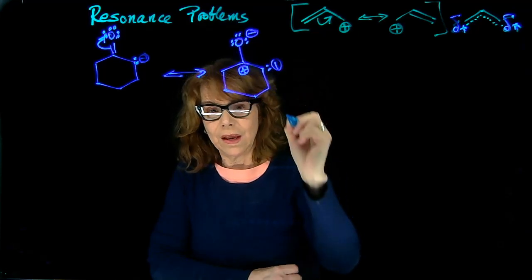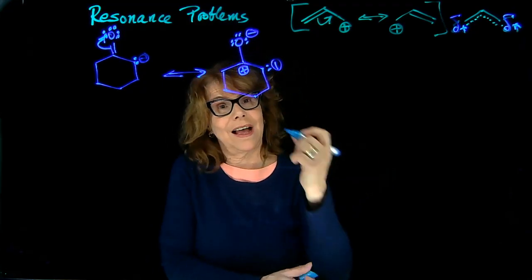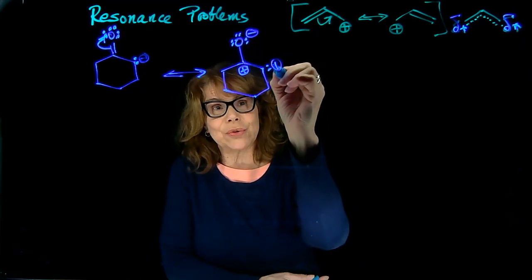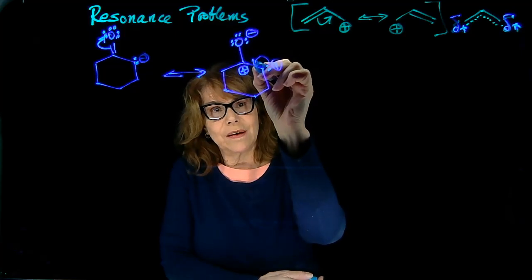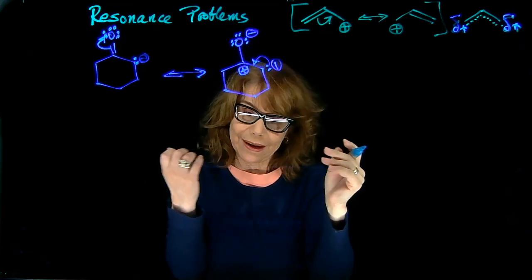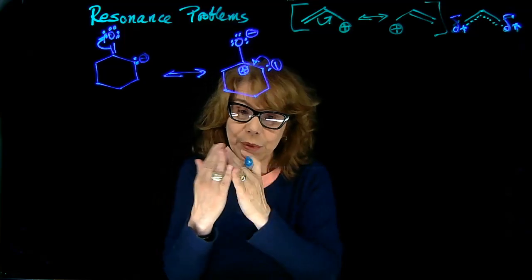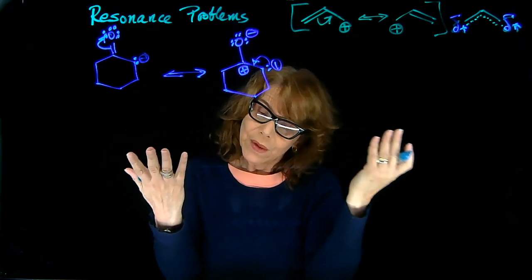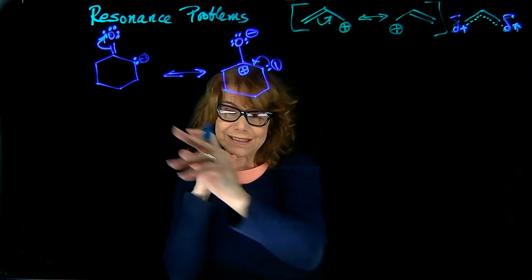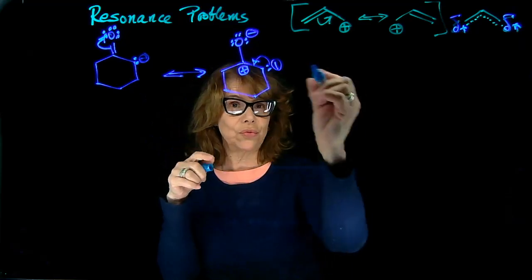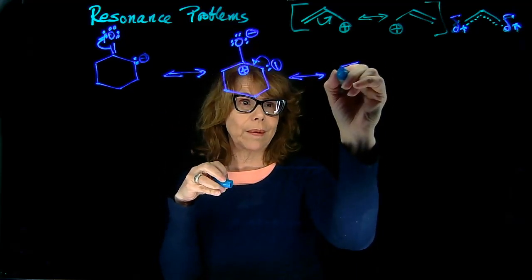Now, you have a lone pair adjacent, and a negative and a positive adjacent. So in general, we don't do that. We jump from that structure to the final one that I'm going to be drawing.